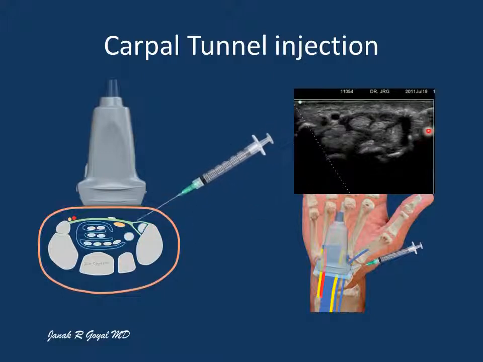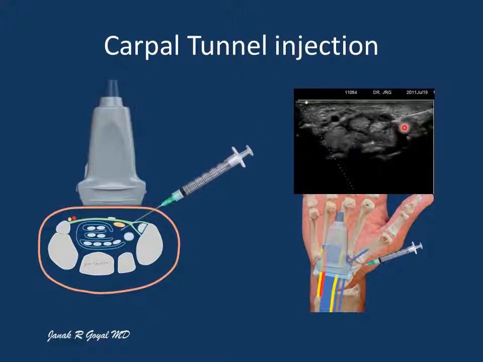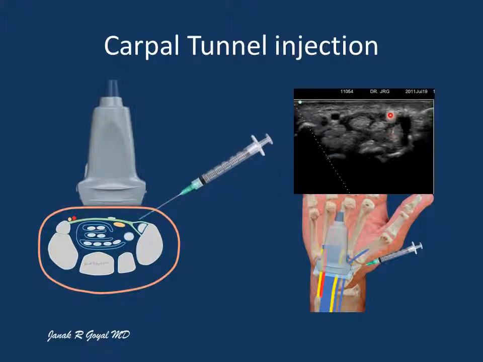Here on the sonographic image, here is your FCR tendon and the median nerve, and direct it in a space between the median nerve and the flexor carpi radialis tendon. Here is your space, and in this image, here is your median nerve, here is your FCR tendon, here is your needle going over the FCR tendon, between the median nerve and the flexor pollicis longus tendon.